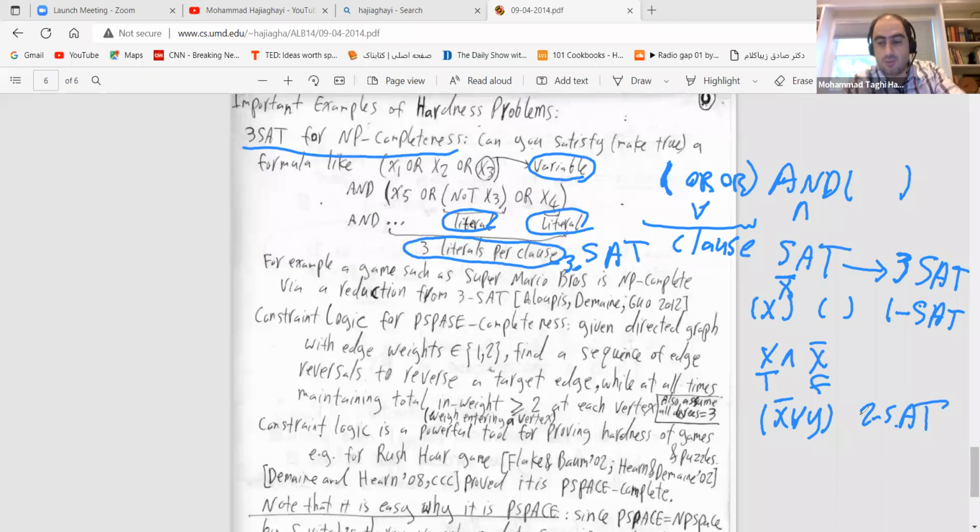So 2-SAT is also solvable, it is in P. But 3-SAT is the first problem which is NP-complete, and 3-SAT, 4-SAT, all of them are somehow equivalent.